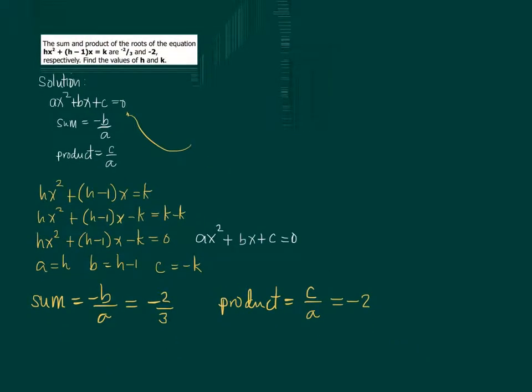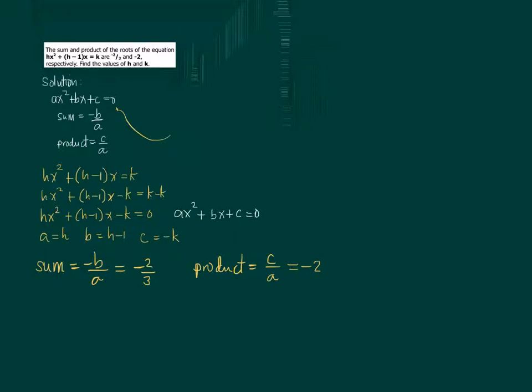So if we supply the corresponding values for a, b, and c, the sum will turn into negative (h minus 1) over h is equal to negative 2 over 3, and the product, which is c over a, so here we have c is negative k over a, which is h, should be equal to negative 2.